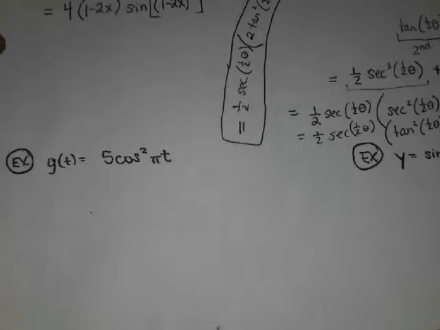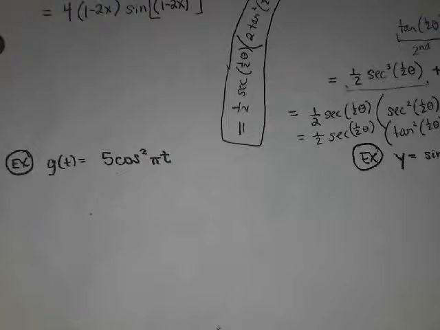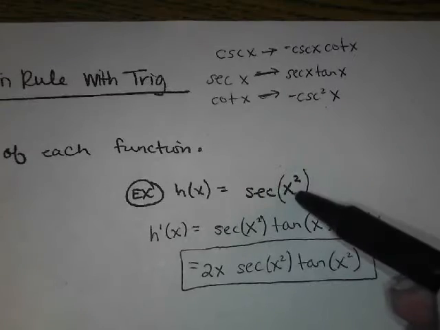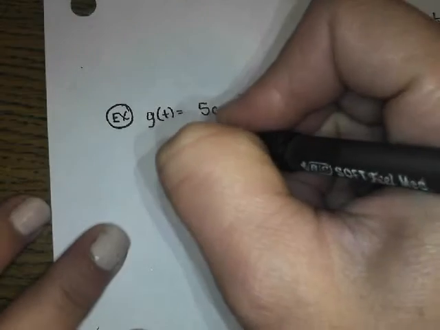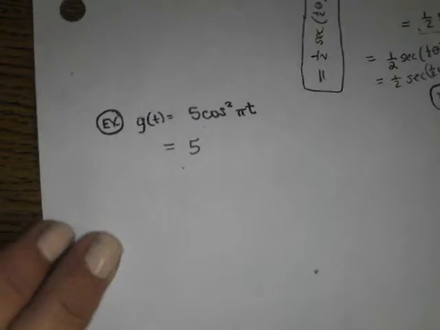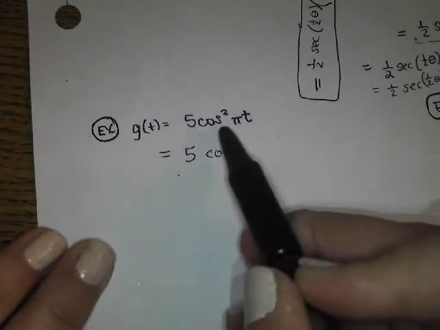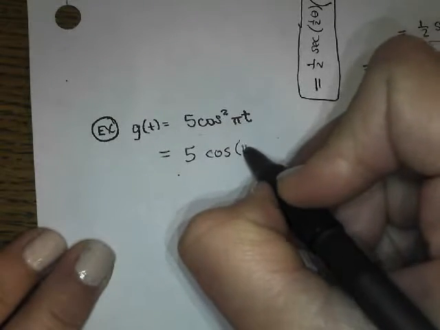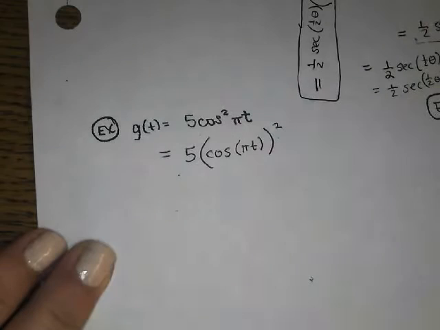this is a little bit different because our pi t is not being squared, right? Up here, it was actually whatever we were taking the secant of that was being squared. This is the overall cosine being squared. So one way to rewrite this so that I think we have a better feel for what's actually going on is to take the cosine of pi t, but that whole cosine is being squared.